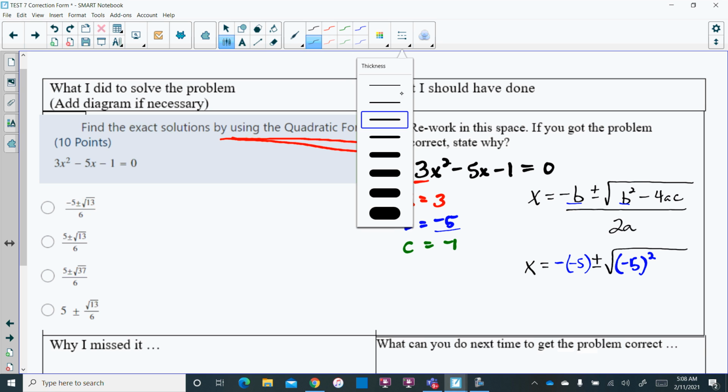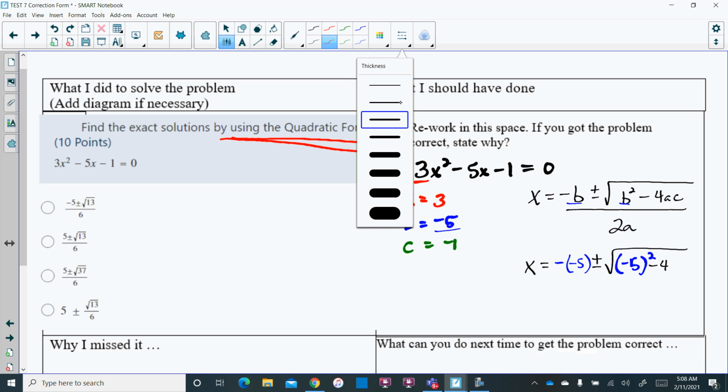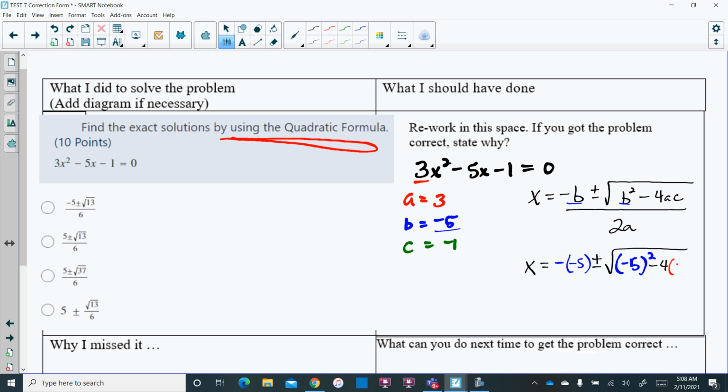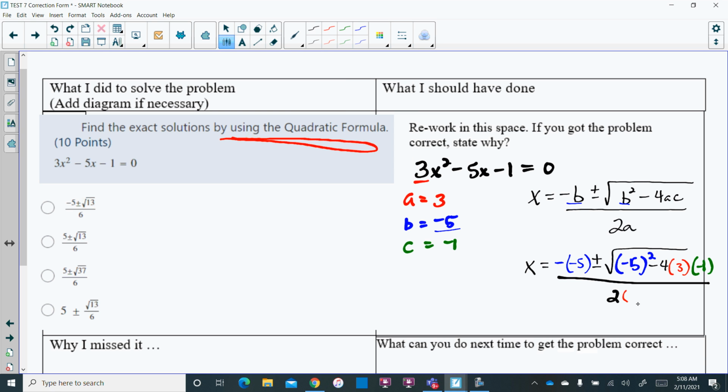Then we're going to do minus 4. Then for our a, we're doing parentheses 3. And for our c, we should have parentheses -1. All of this is on the top, and on the bottom, we're doing 2 times the a, which is 2 parentheses 3.